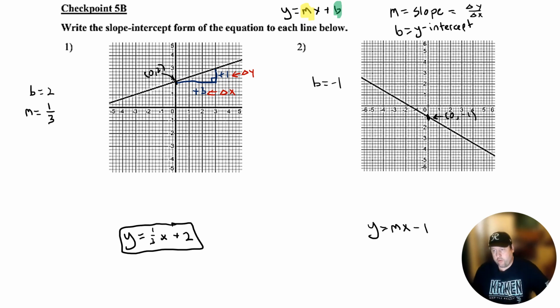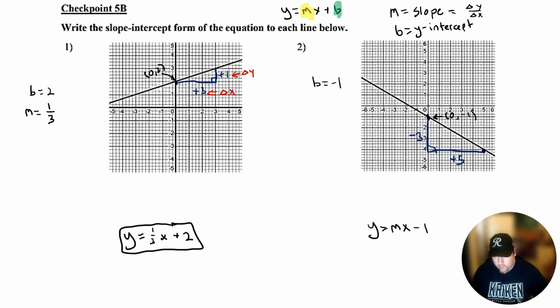Now I'm going to find another lattice point, another nice point. It looks like one of them is right out here at this point. So I'm going to connect them together with a slope triangle. Here's my right angle. I start left to right, so I start at the y-intercept and I have to go down 1, 2, 3. And from the right angle, I have to go over 1, 2, 3, 4, 5.